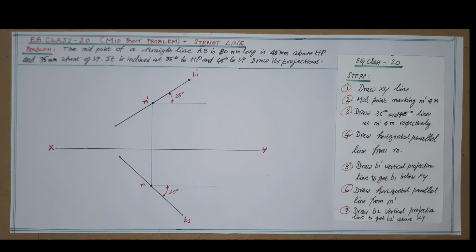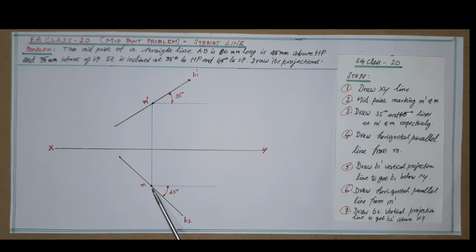As per step 1, first draw the XY reference line as given. Then the projections of the midpoint alone are to be marked as shown. That is, the midpoints are already given in the problem.